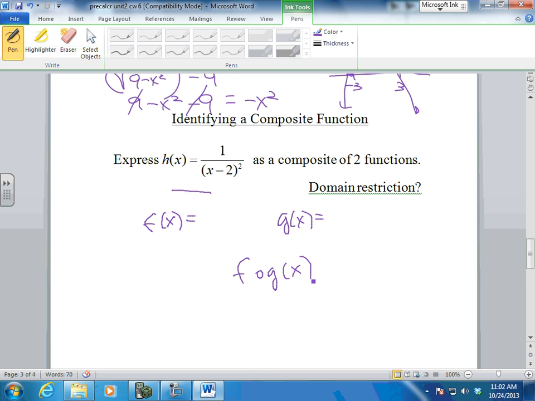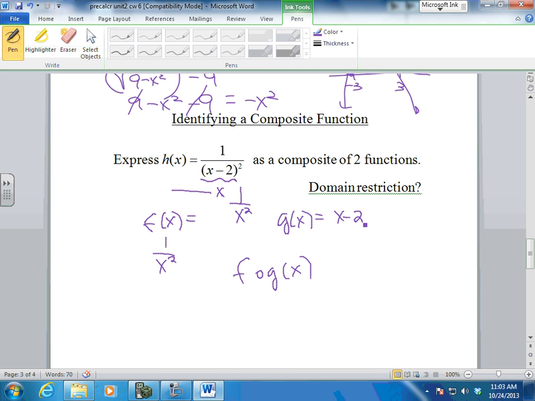Normally, what are we replacing? We're replacing an x, right? So think of this as an x. Think of this one as saying 1 over x squared. I'm going to put this into this guy. What am I putting into that? X minus 2.